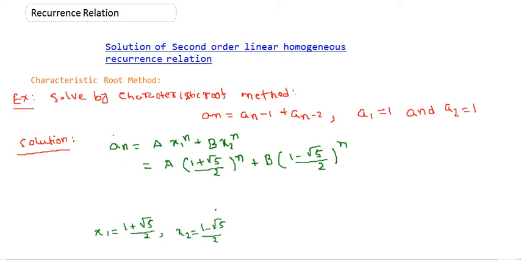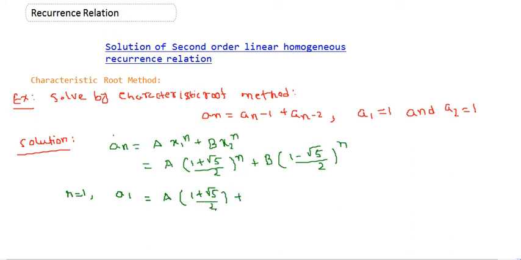Now what is given is that we have the value a1 is 1 and a2 is 1. If I put n equals 1, what we get is a1, because n is 1 here: a into (1 plus root 5) by 2 plus b into (1 minus root 5) by 2.